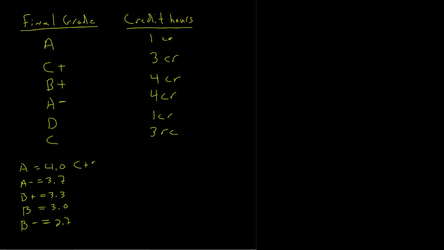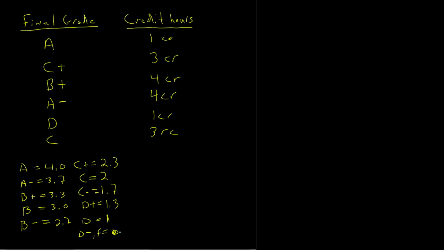A C plus is equal to a 2.3. A C is equal to a 2. A C minus is equal to a 1.7. A D plus is equal to a 1.3. A D is equal to a 1. And anything below a D, D minus or F, is equal to 0. And so these are points.